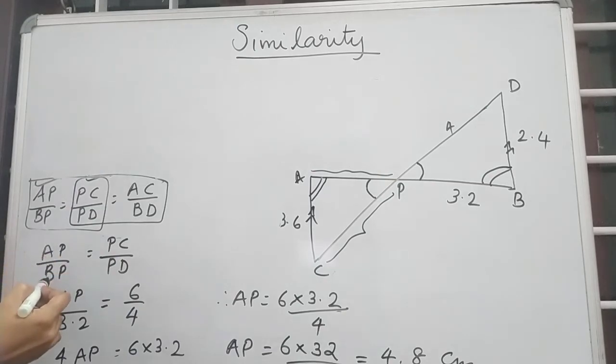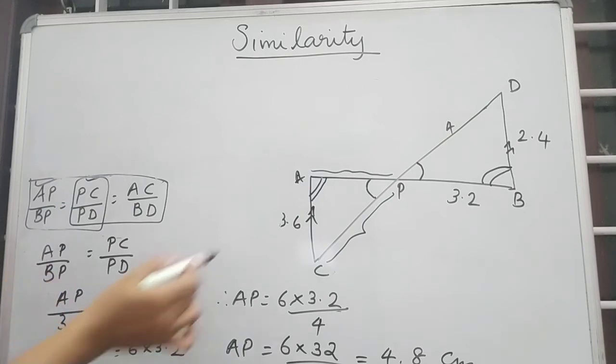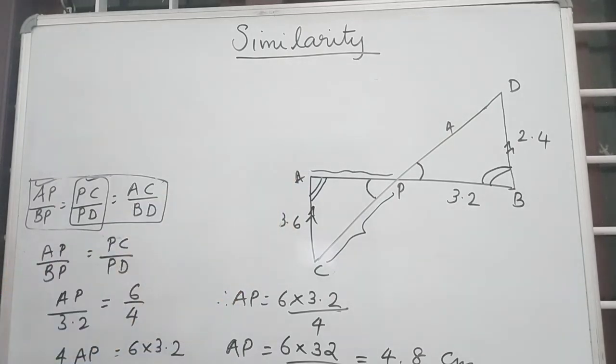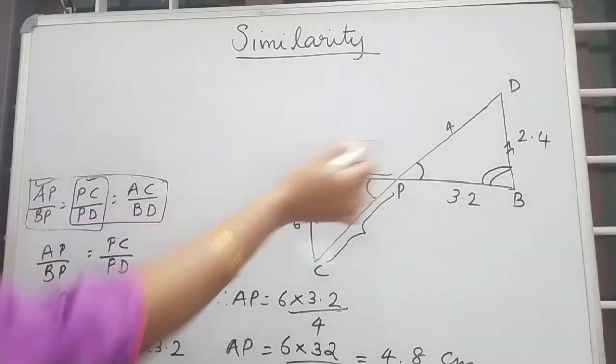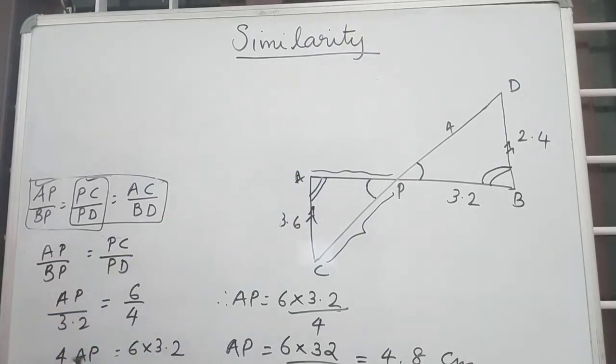So take AP divided by BP is equal to PC divided by PD. AP divided by 3.2, PC is 6, PD is 4. So cross multiply: 4 AP is equal to 3.2 into 6. So AP is equal to 6 into 3.2 divided by 4.